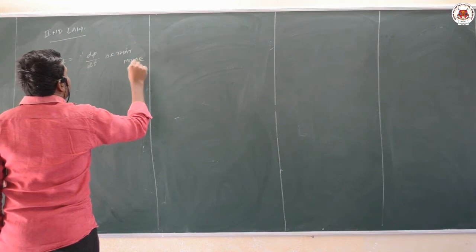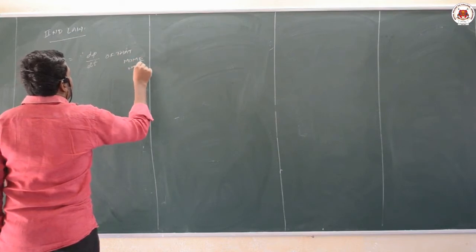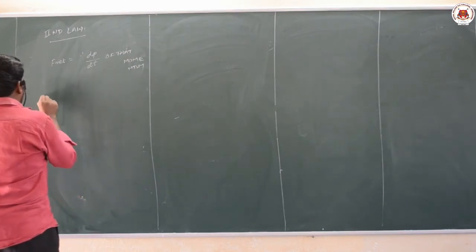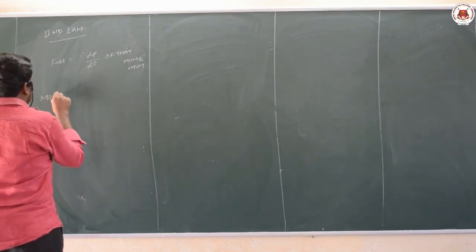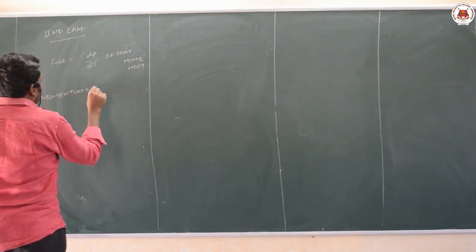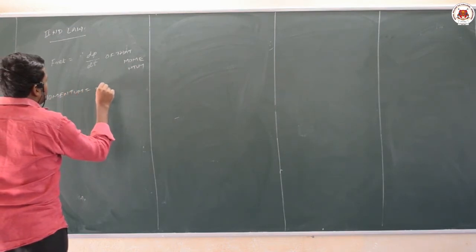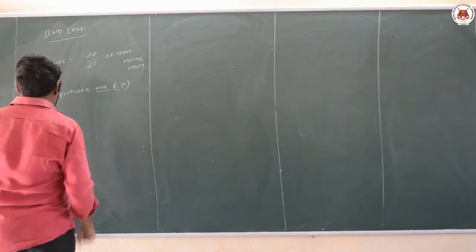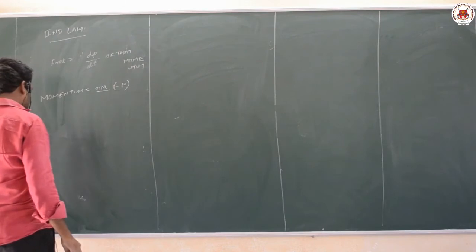Momentum is a physical quantity which is the product of mass and velocity. Momentum is equal to mass into velocity, m into u, denoted by letter p. It is a vector quantity.